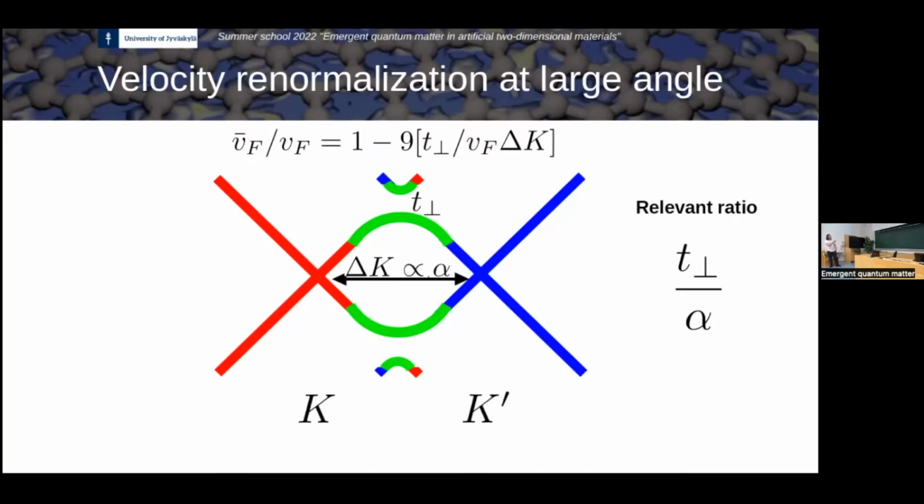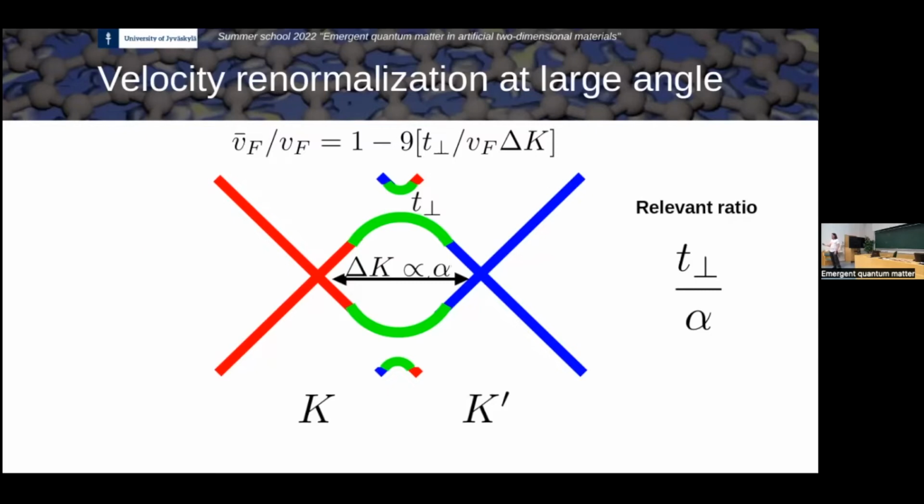The interesting point is that even in this situation at very large angles, what you actually see is that the hopping changes a little bit the Fermi velocity. So it changes a little bit the slope of this Dirac cone, just because if you have an anti-crossing, then you have to pull your states down a little bit. So this is what is called the Fermi velocity renormalization in twisted graphene bilayers.